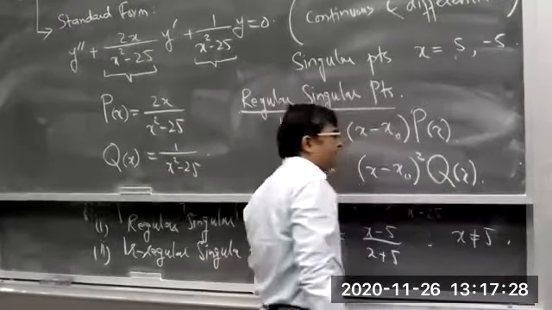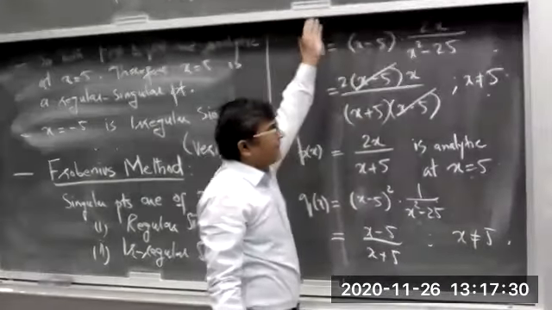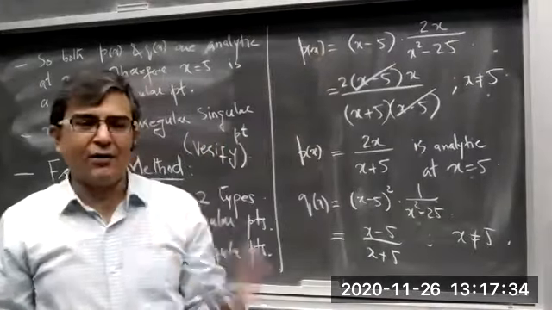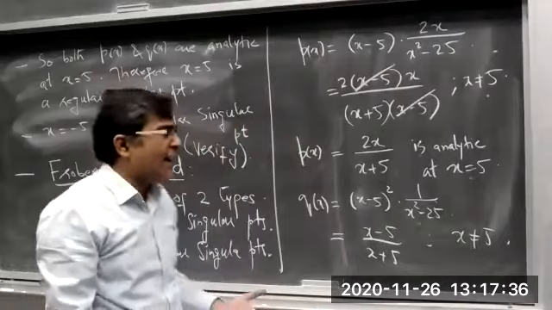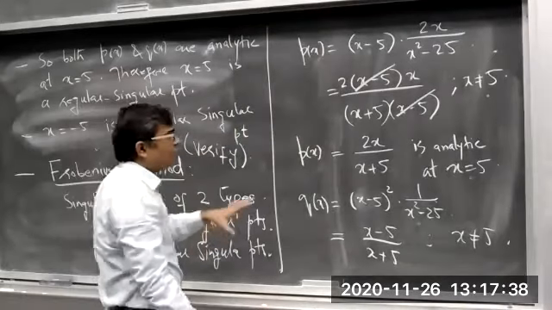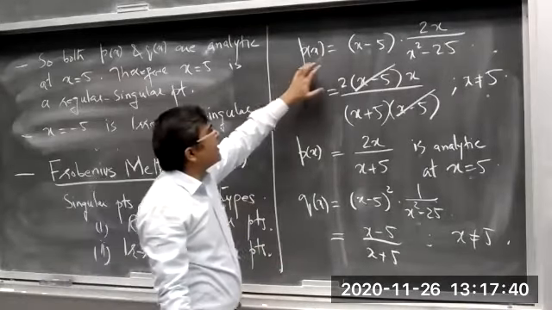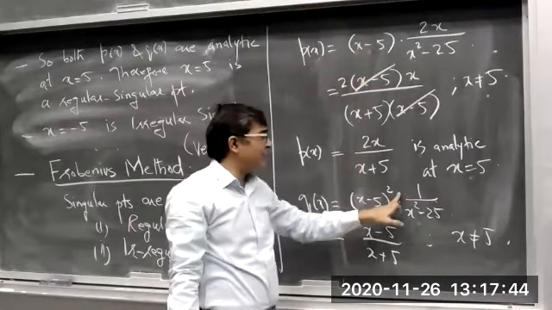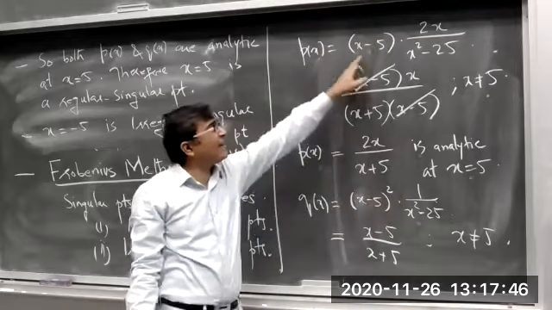If we can remove the discontinuity for that particular singular point, then we say that it is a regular singular point, ठीक है। अगर हम उस discontinuity को remove नहीं कर सकते, even by multiplying x minus 5 power 1 and x minus 5 power 2, ये हम basically क्या कर रहे हैं?